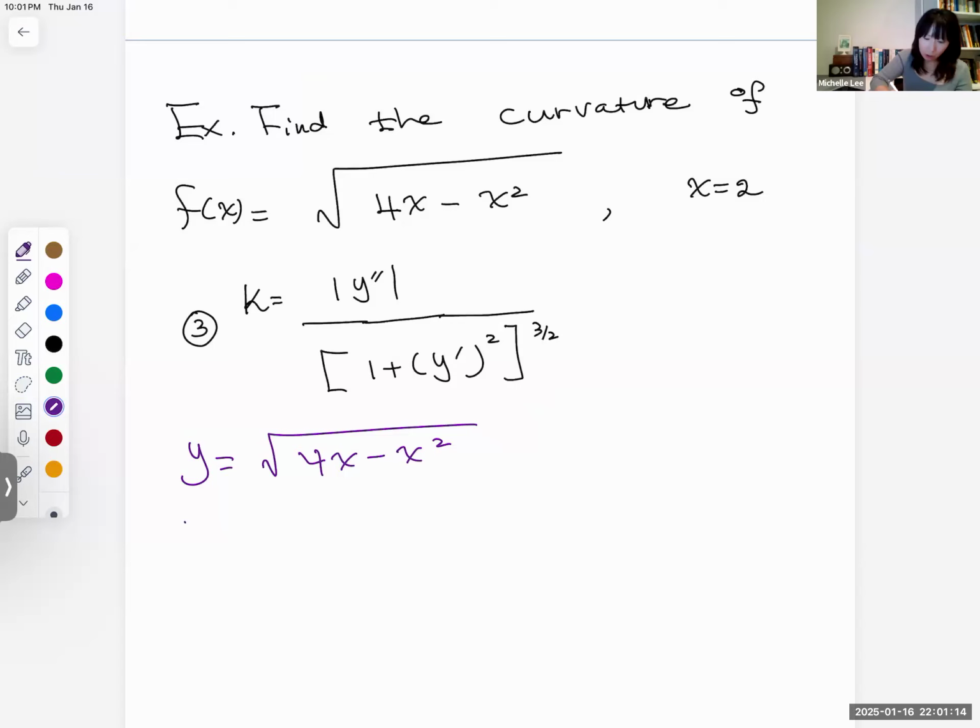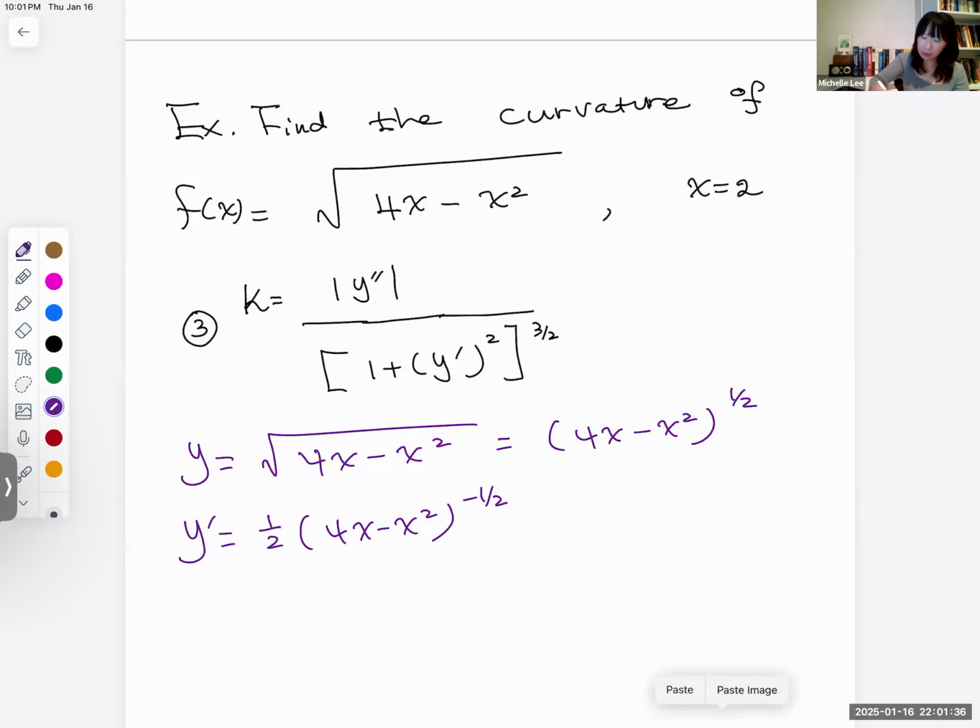Then y prime, we want the derivative. This is a 1/2 power, right? Then drop the power and reduce by 1, so negative 1/2. And then the chain rule.